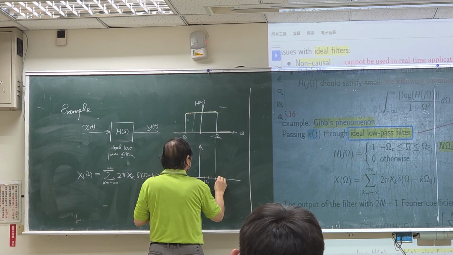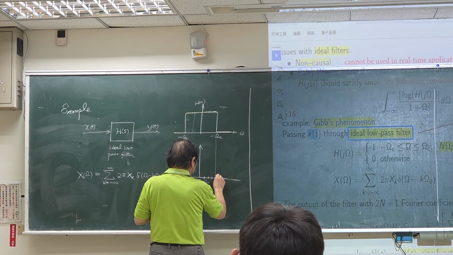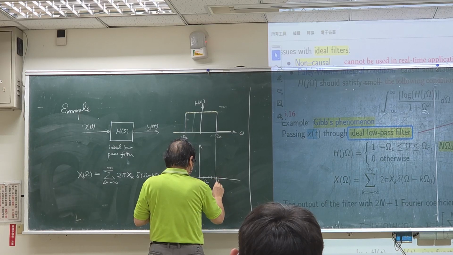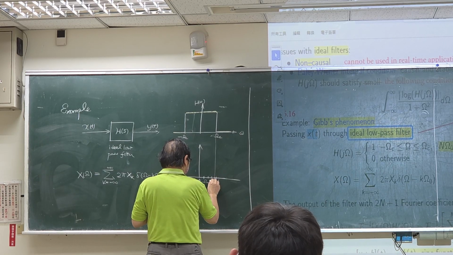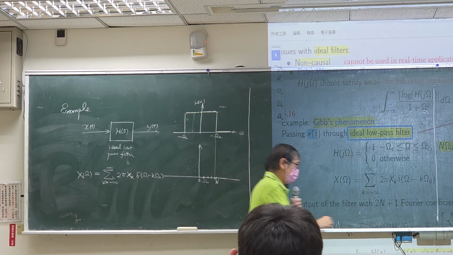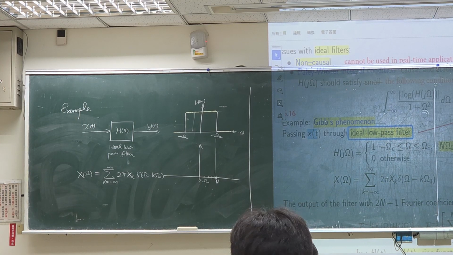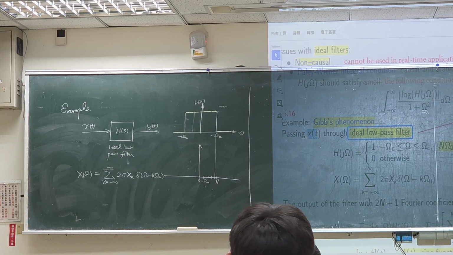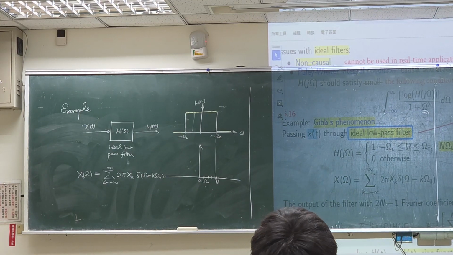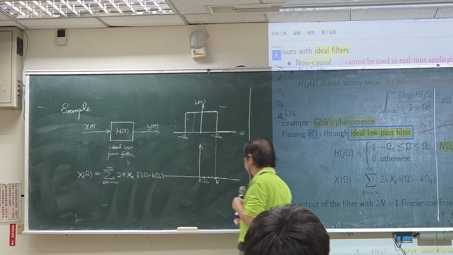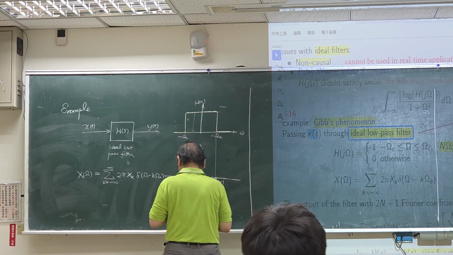N, this is the N minus 1, right? So you can see the notation given. N plus 1.